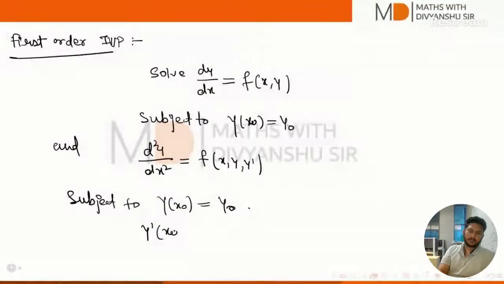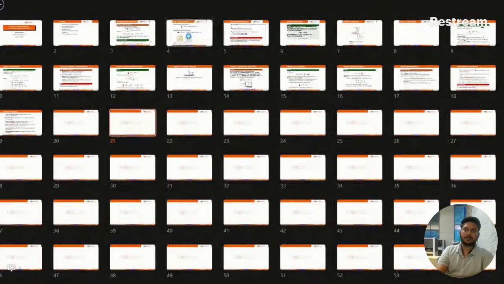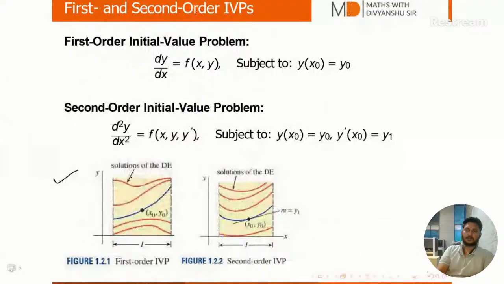So here is y(x0), which is basically written in the format of yn. So hopefully you understand the first order initial value problem. Now come to the graph part. The graph part tells about the solution of the ODE. This looks like the solution of the ODE, and here is the notation for x0 and y0, and that is our interval.